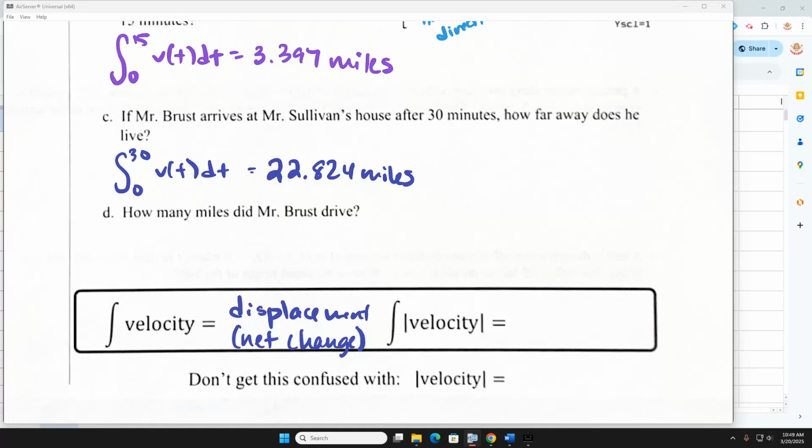Okay, now if I want to find the total number of miles that he has driven, that's going to be the integral of the absolute value of the velocity.